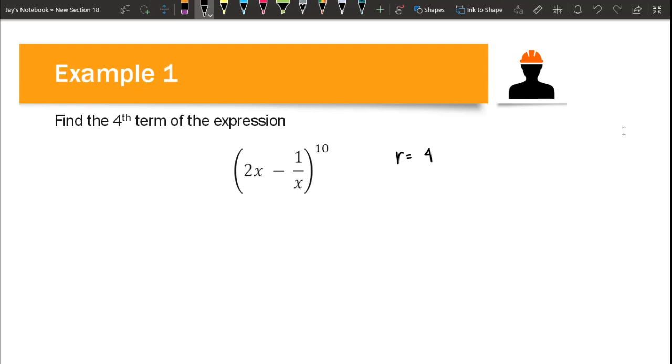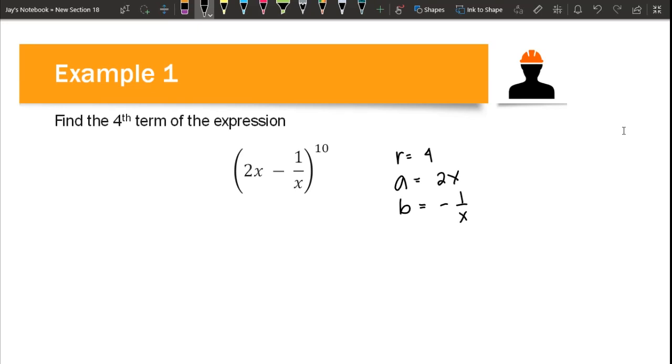By looking at the expression, we can say that our a, the first term of our binomial expression, is equal to 2x. And our b, the second term of our binomial expression, is negative 1 over x.